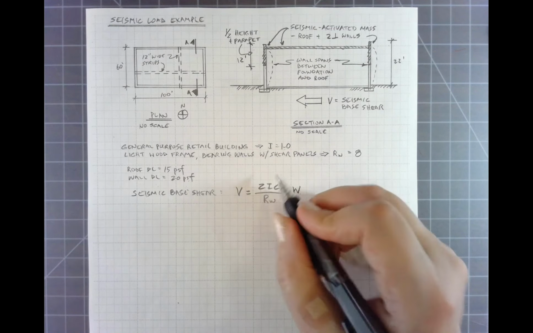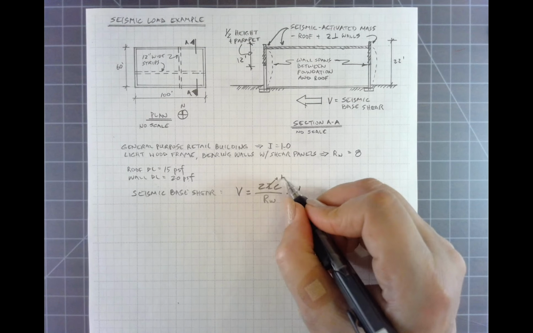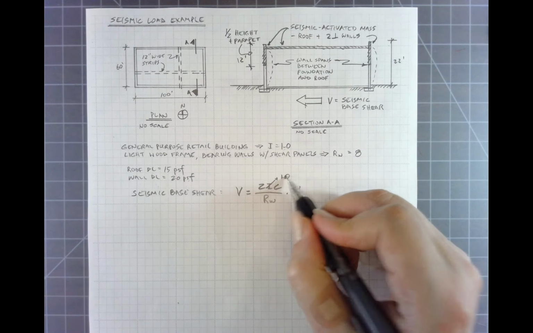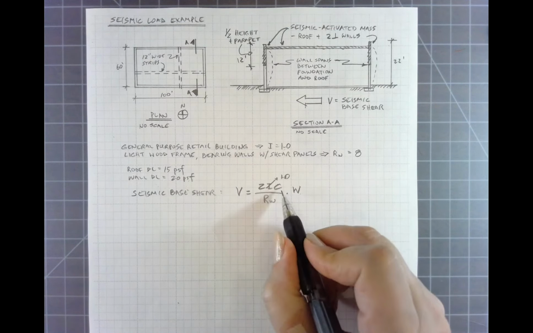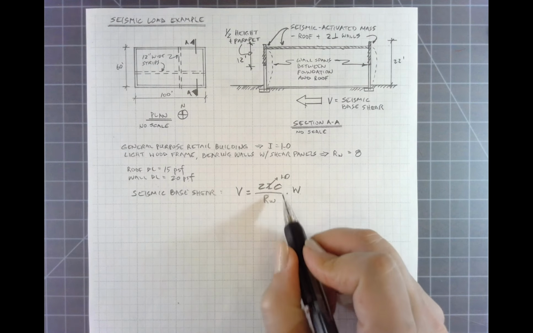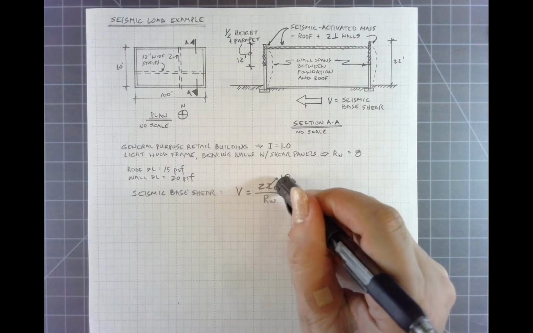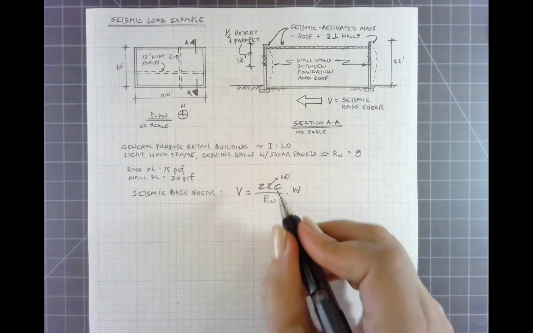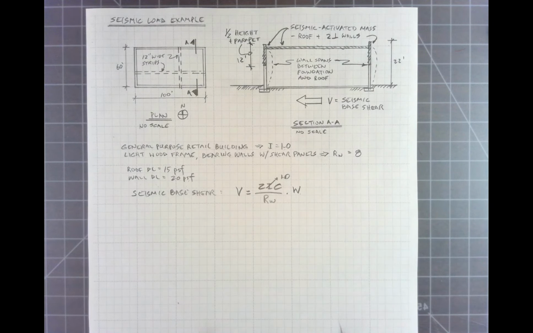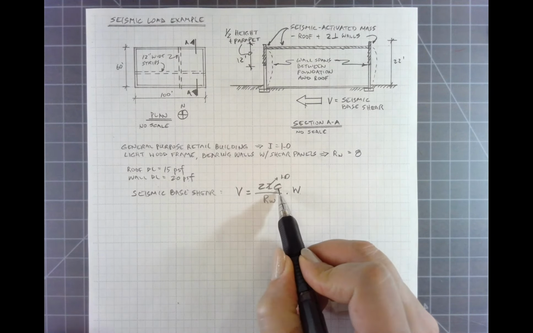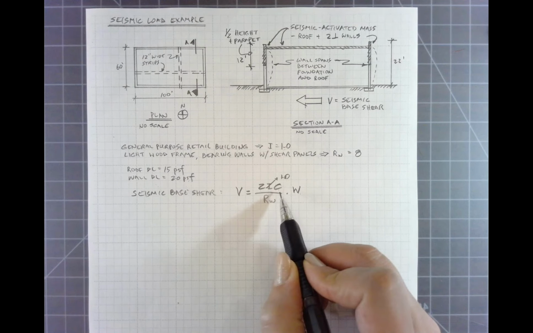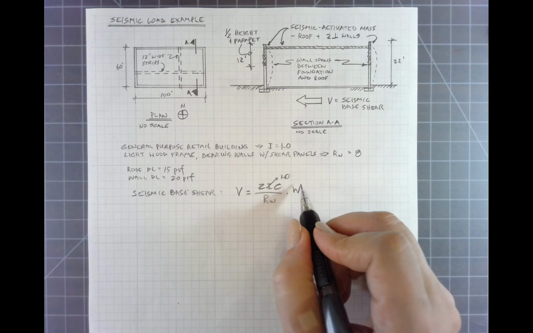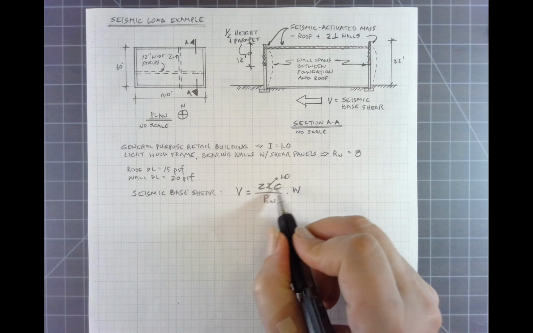The I factor, we've already said that is 1 because this is a non-essential facility. The factor C actually involves an interaction between the building period of vibration and the type of soil that we have constructed on. So C has a lot of stuff embedded into it that I'm not even going to go into, but C is never to exceed, in this code, 2.75.